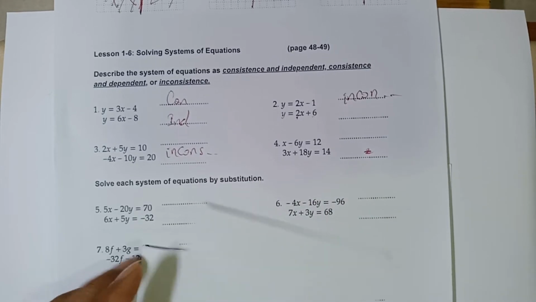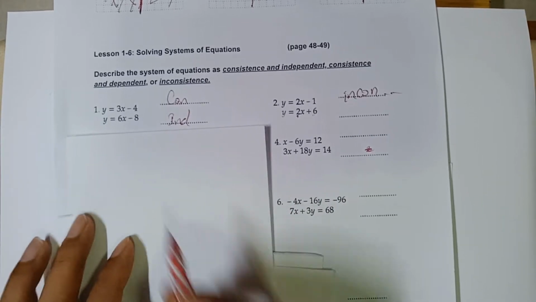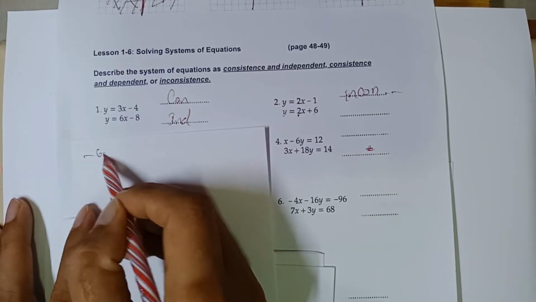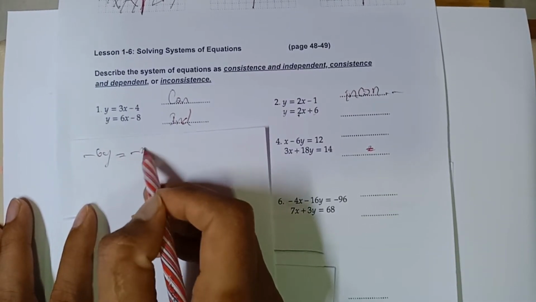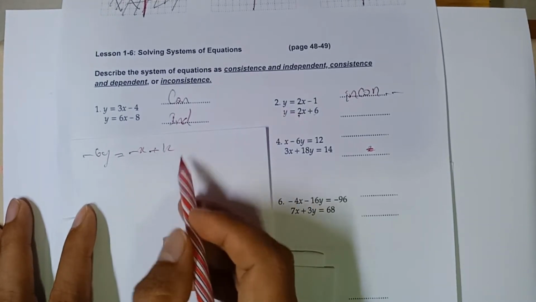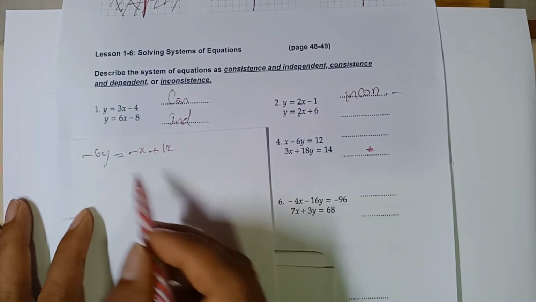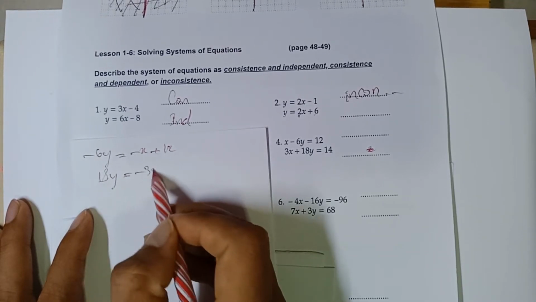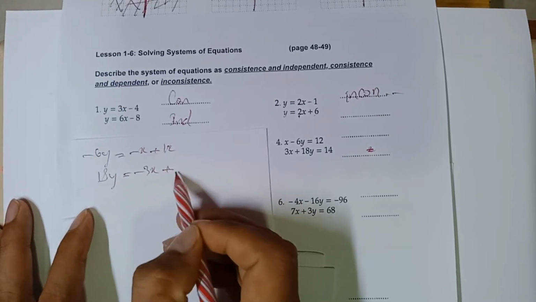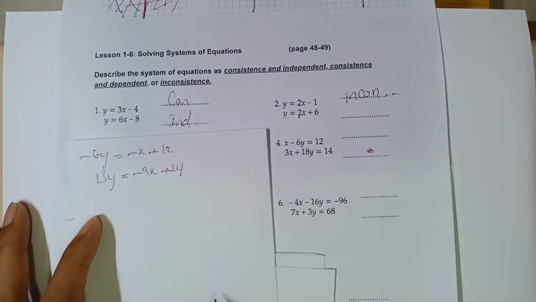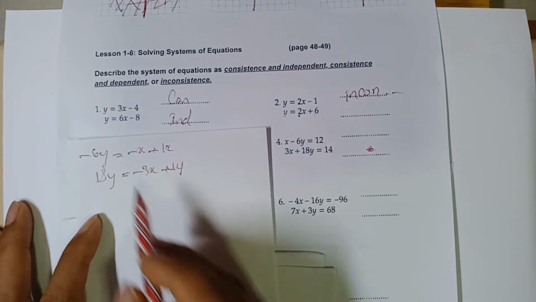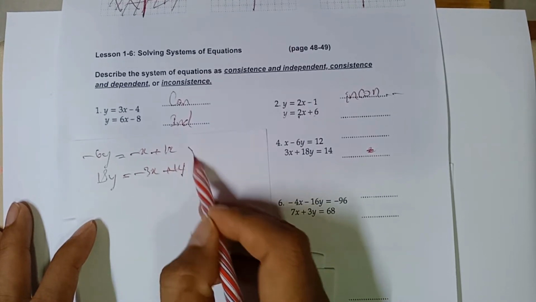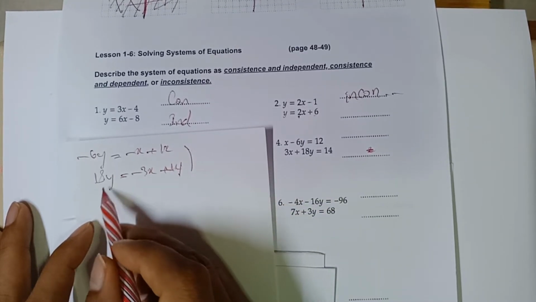For number 4, do the transposing first. You have negative 6y equal to minus x plus 12. The other one is 18y equal to negative 3x plus 14. Now let's simplify this.